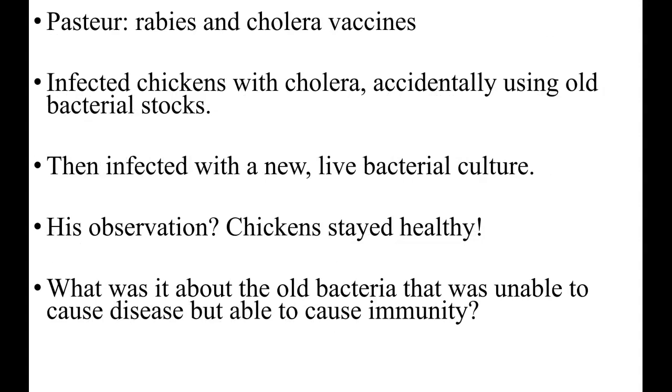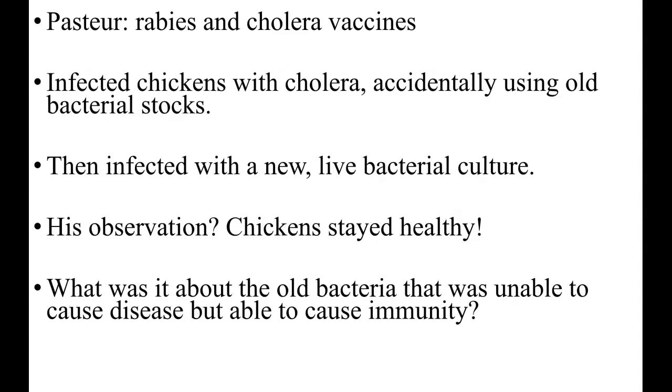I mentioned that Pasteur also did some work with developing the rabies vaccine as well as cholera vaccines. And what he was doing was he was working with chickens and cholera. And when he went to infect the chickens with cholera, he accidentally used an old bacterial stock. So upon realizing his mistake, he decided, okay, well, let me take that new live bacterial culture, the fresh one, and inject it into the chickens.